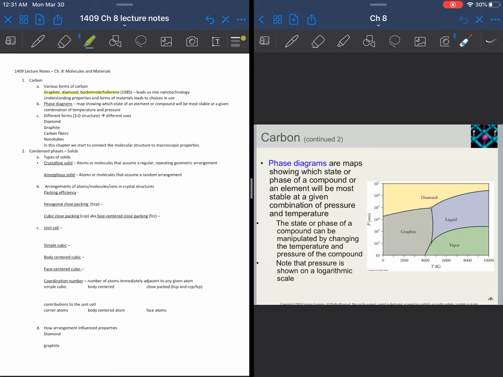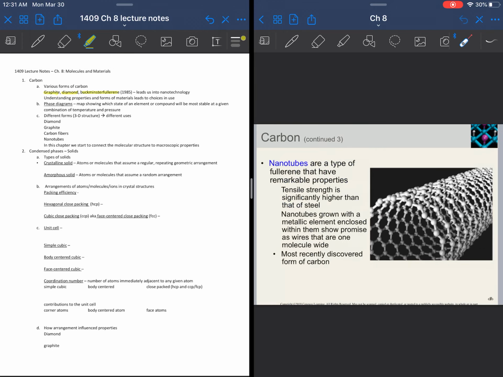But when it comes to carbon, not all solid carbon is created equal. At lower pressures, you see that solid carbon is graphite, but once you get to much higher pressures or higher temperatures, solid carbon is in the diamond form. We may see these phase diagrams again later on.